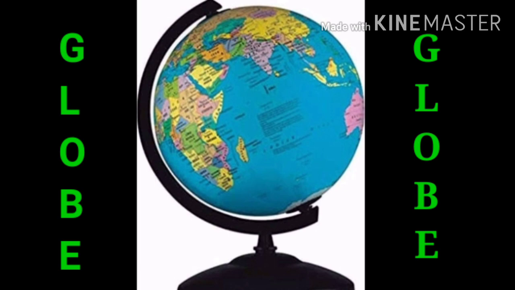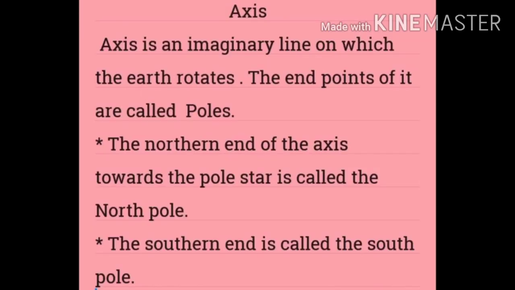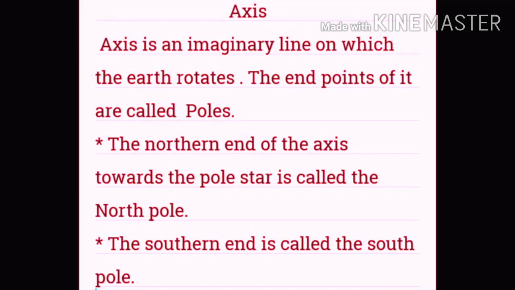And a globe is mounted on a stand along with its axis. Now a globe is mounted, what mounted? Connected on a stand along with its axis. Now what is axis? So students, axis is an imaginary line on which the earth rotates.